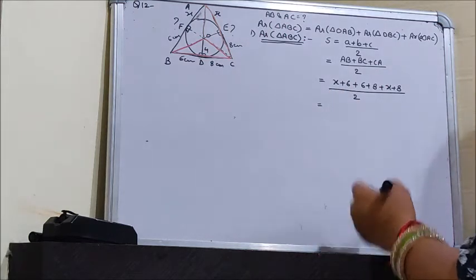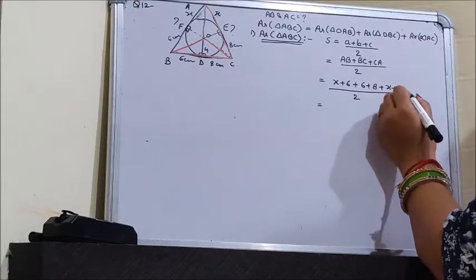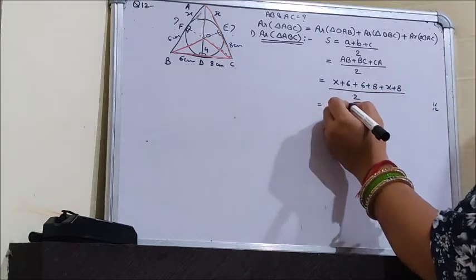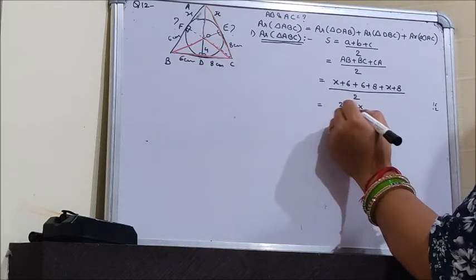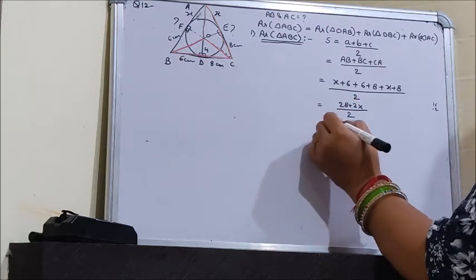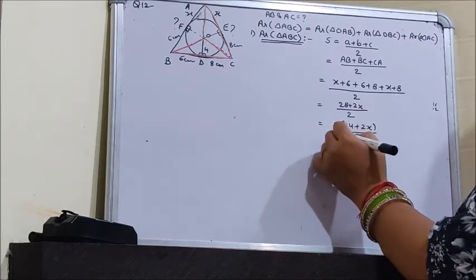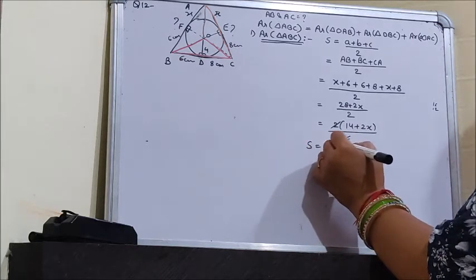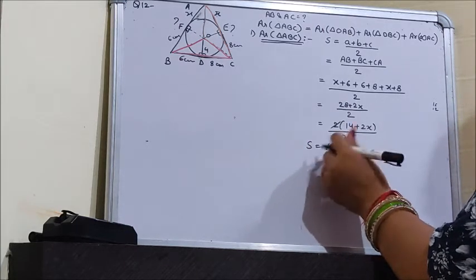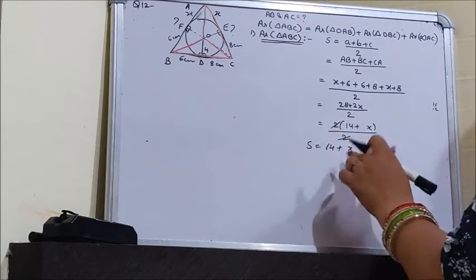To solve this, 28 plus 2x. So 2 can be taken out common: (14 plus x) times 2, by 2. So S is equal to 14 plus x. So this will be the semi-perimeter.